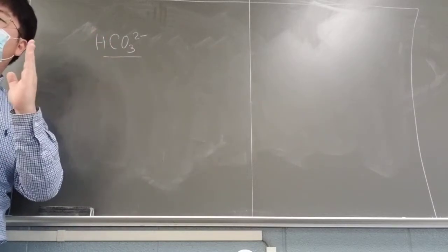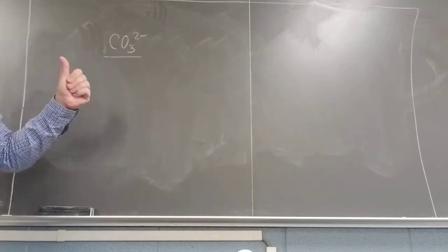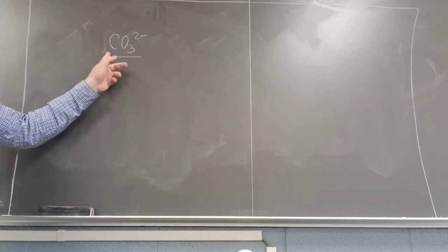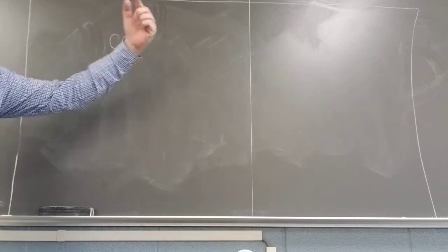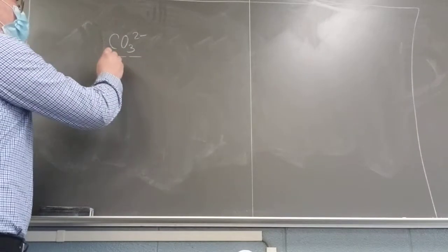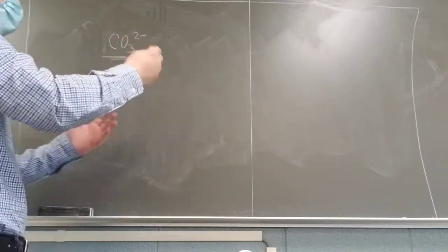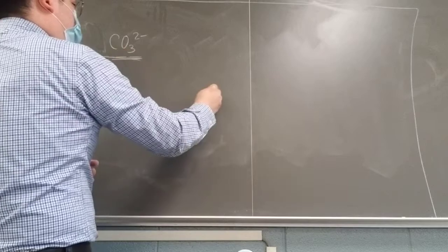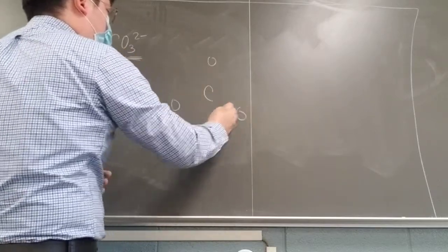You cannot put hydrogen at the center because it's too small. So except for hydrogen, the first element in the formula is always at the center, and the next ones are the neighboring atoms. So if you look at this polyatomic anion, carbonate, the carbon will be the center, and those 3 oxygens will be surrounding the central carbon over here.